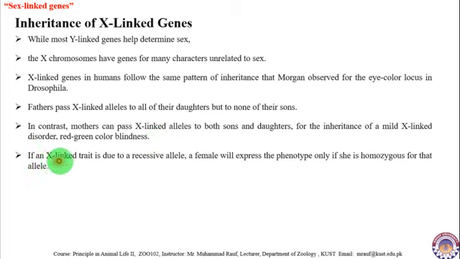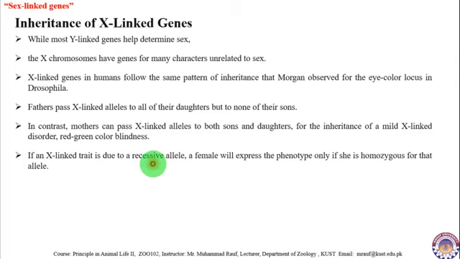Now, if an X-linked trait is due to a recessive allele, a female will express the phenotype only if she is homozygous for that allele. Recessive alleles are the ones which only exhibit their effect if two copies are present.